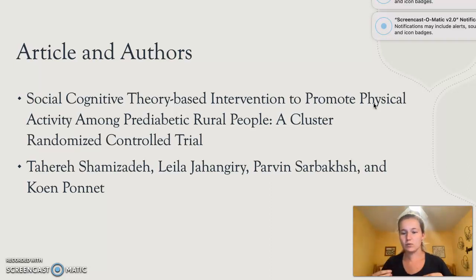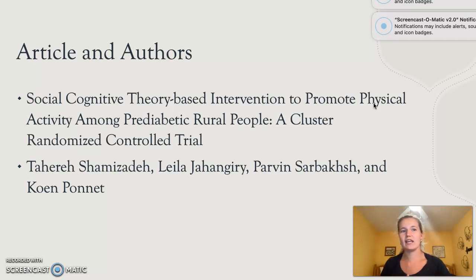Furthermore, according to the CDC, 96 million adults have prediabetes, which means that 38% of United States adults have prediabetes. My grandpa had prediabetes before he passed away a few years ago, and so that's why I wanted to find an article that focused on prediabetes, because it relates to my life in some way.